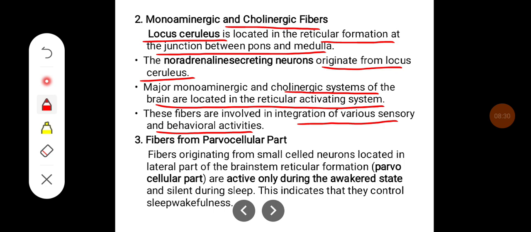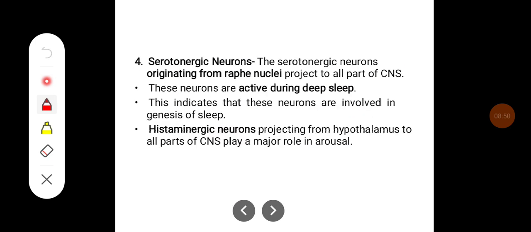Fibers from the parvocellular part. Fibers originating from small cell neurons located in the lateral part of the brainstem reticular formation, that is the parvocellular part, are active only during the awakened state and silent during sleep. This indicates that they control sleep wakefulness. Serotonergic neurons.